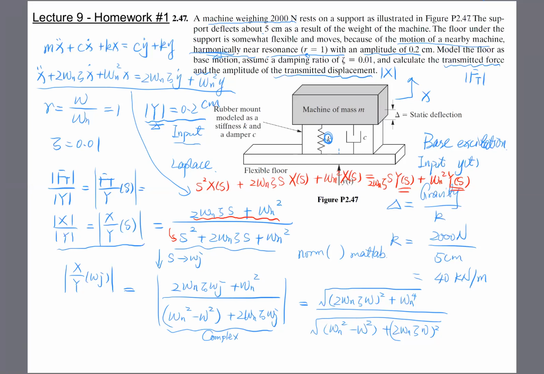So here, let's write it out. You have Xs over Ys. If you multiply it back, you can see these two equations are equivalent, right?